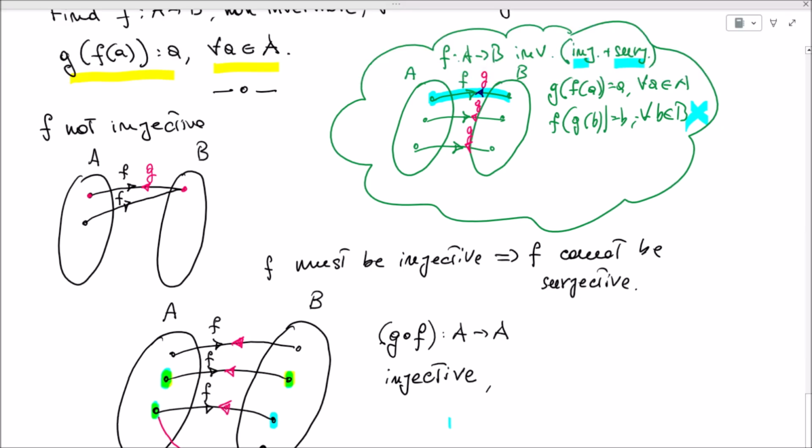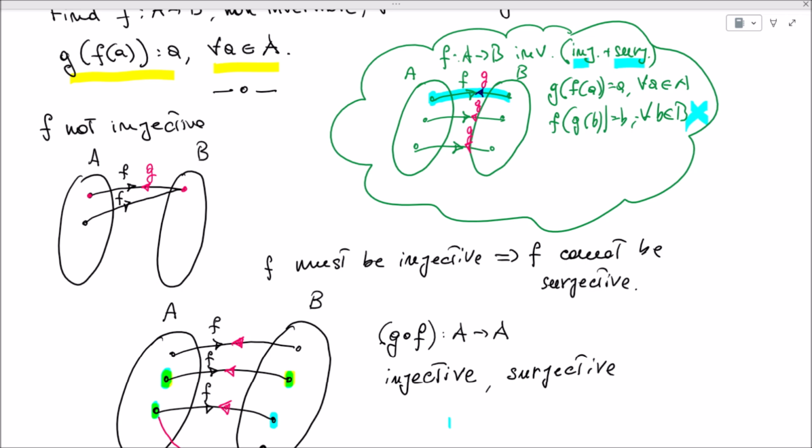Second question: is this function surjective? Surjective means that we can reach any possible element of capital A, which implies that there is no element in capital A that cannot be reached by g composed f.